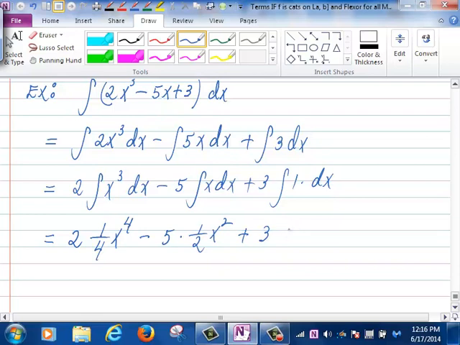The integral of 1 is x, right? So this is 3x. And I'm going to write a c altogether at the end. You don't have to write a c for each integral. If you write c1, c2, c3, then c1 plus c2 plus c3 altogether is written as a c. So you just write a c at the end. Any questions on this?